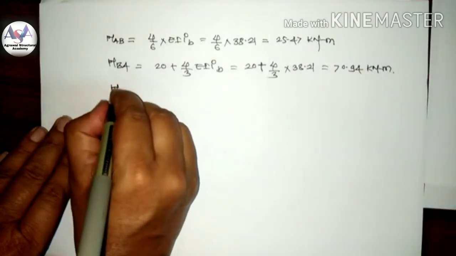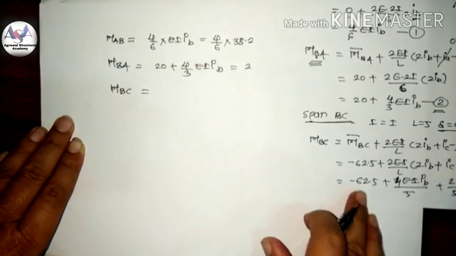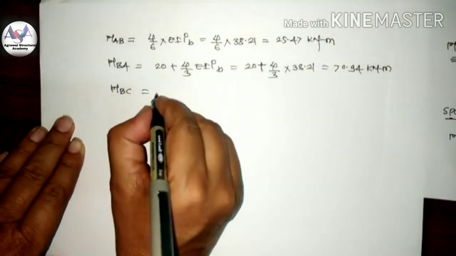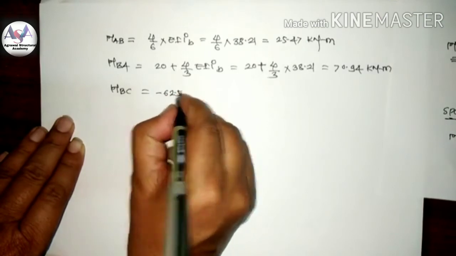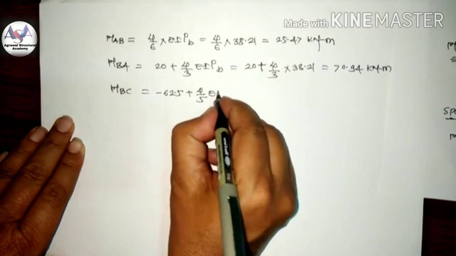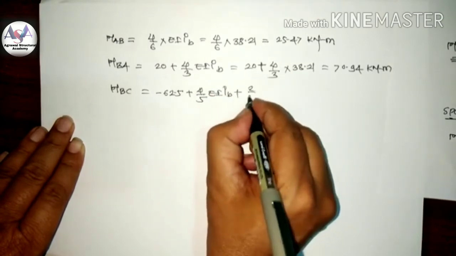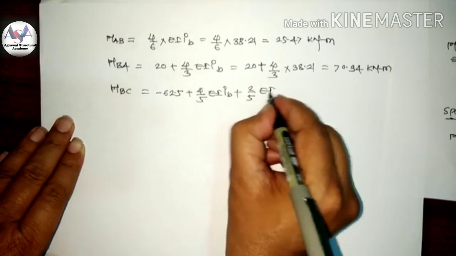Then MBC. The equation is what? This equation: minus 62.5 plus 4/5 EIθB plus 2/5 EIθC.